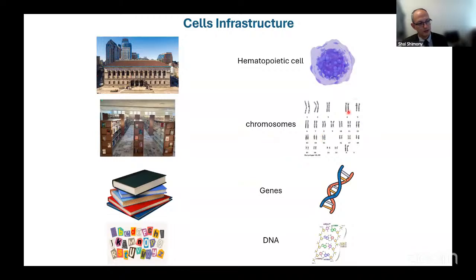These bookshelves are the chromosomes, or all that condensed DNA that we have inside the cell. Each chromosome contains a lot of genes, like every shelf contains a lot of books, and they are organized within these chromosomes. And within each book, we have a lot of letters that write to us the recipes for baking a cake or reading an interesting story. And the same way the DNA generates the genes that tell our body how to function.